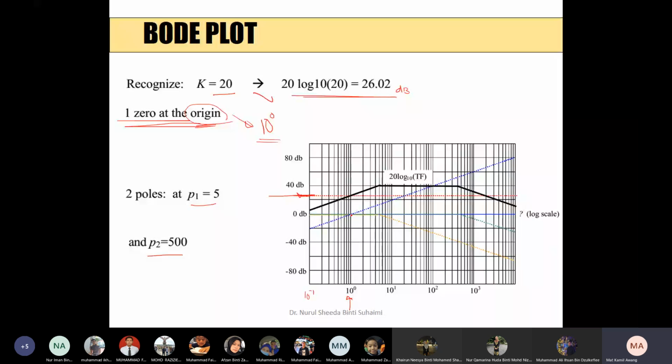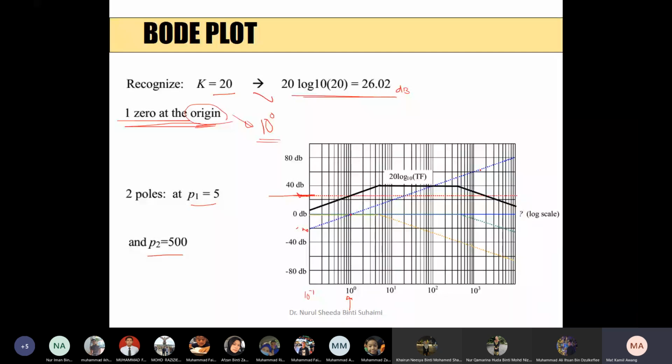And you know that for a zero it is increasing 20 dB per decade. So from here it goes up 20 dB, 20 dB, 20 dB, 20 dB per decade.